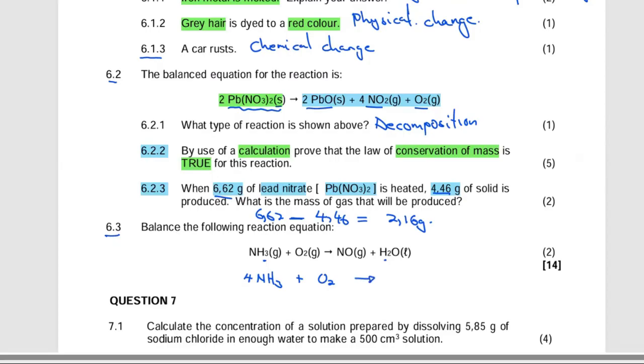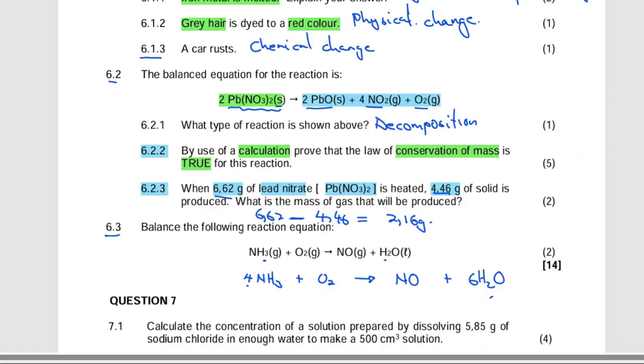Then I'm going to say NO, and the last one is going to be H2O. If I place my coefficient of 4 there, what is going to happen on this other end? This is my hydrogen. 4 times 3, now I'm having a total of 12 hydrogens, and here I'm still having 2. So I should multiply with the coefficient of 6.